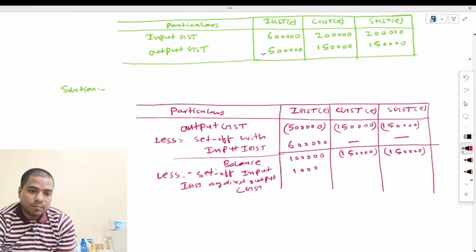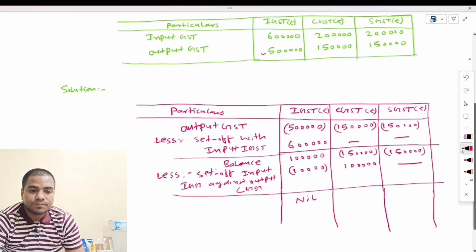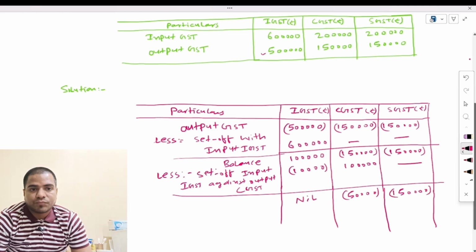Here this will be the minus and here this will be the plus and this will be as it is. Now what would be the balance amount? Here IGST amount would be nil and 50,000 would be the CGST balance and 1,50,000 would be the SGST balance as it is.